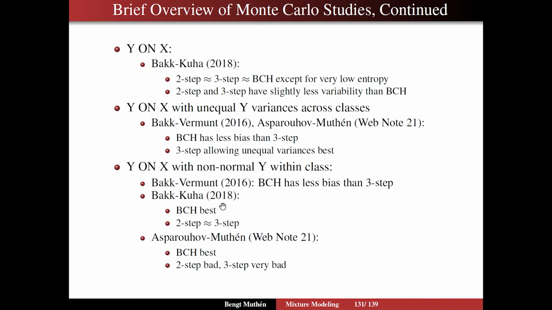And Bakk and Kuha said that BCH is best, two-step equals three-step pretty much. And we in WebNote 21 found BCH to be the best, two-step bad, three-step very bad. So even though two-step and three-step have slightly less variability than BCH, maybe BCH is a safer bet than, say, two-step when you consider Y on X.